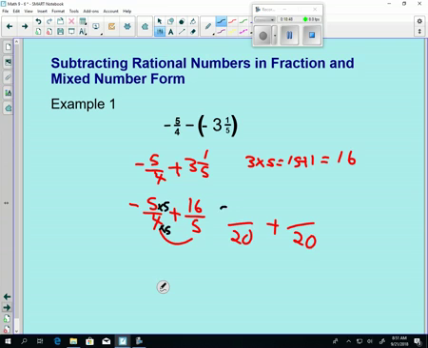So that makes it 25. And here, we have to multiply by 4 to go to 20, which means we've got to multiply this by 4. 16 times 4 is 64. Then we add these two. 25 plus 64 is going to be 89 over 20.